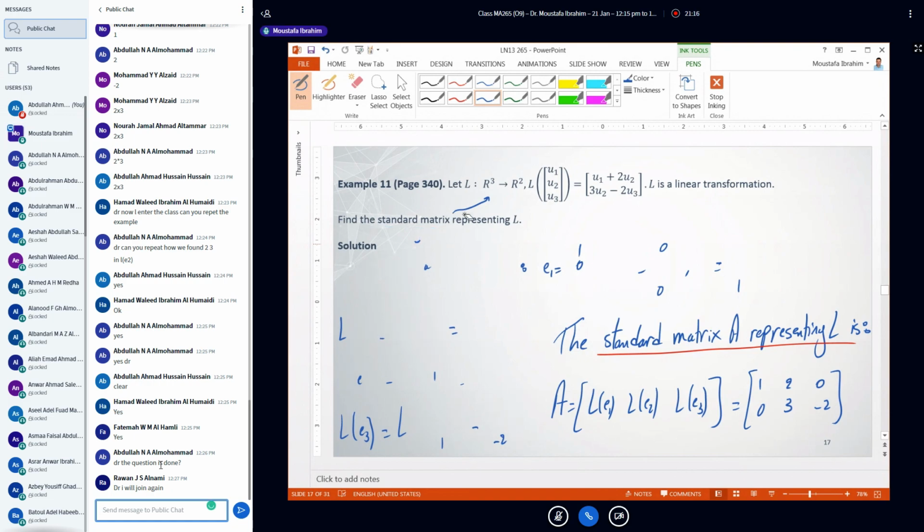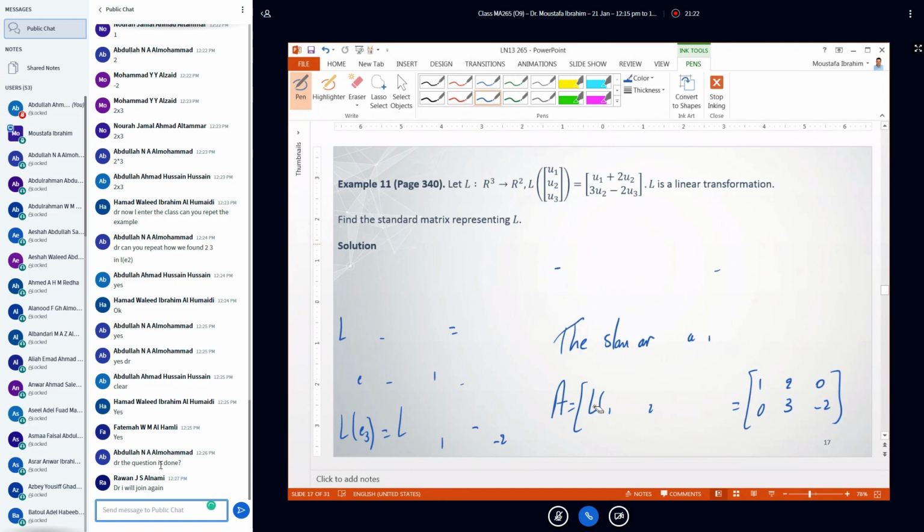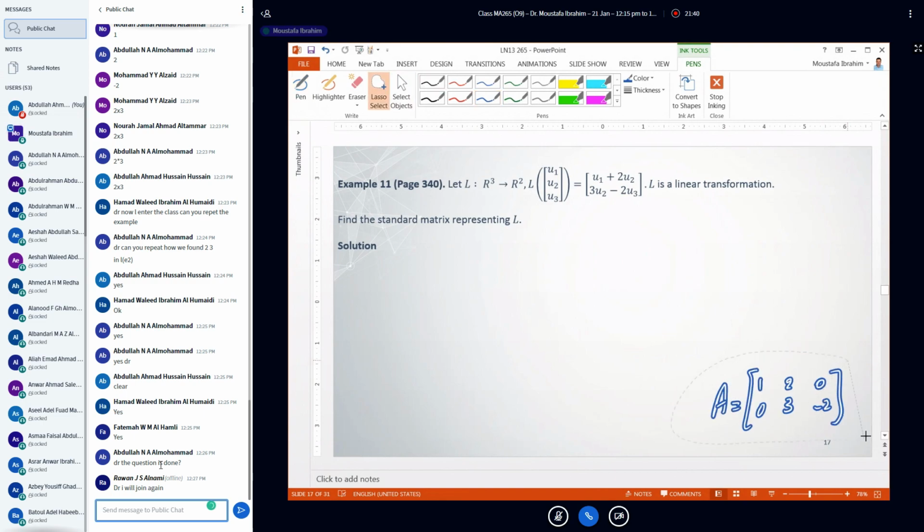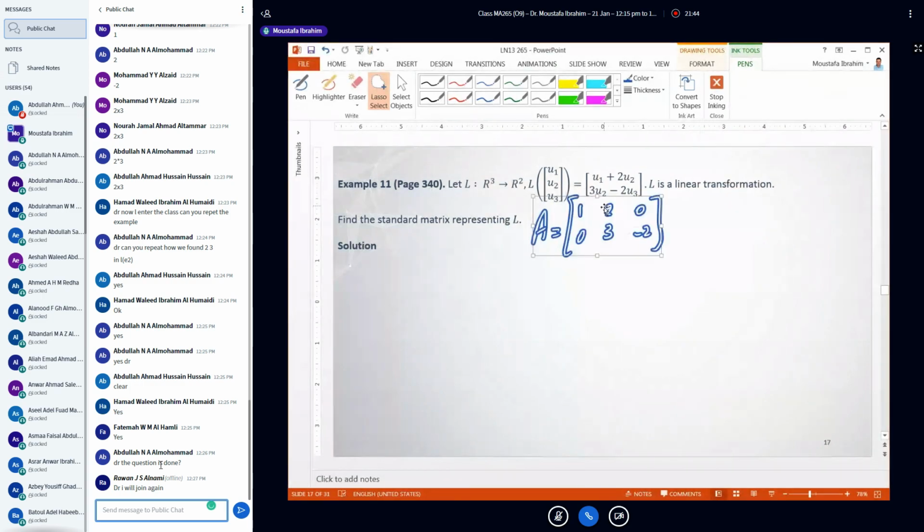Okay, Rowan. So here we get the matrix A, which is this one. Like this, we answered the question. So here, the standard matrix representing L is this one.